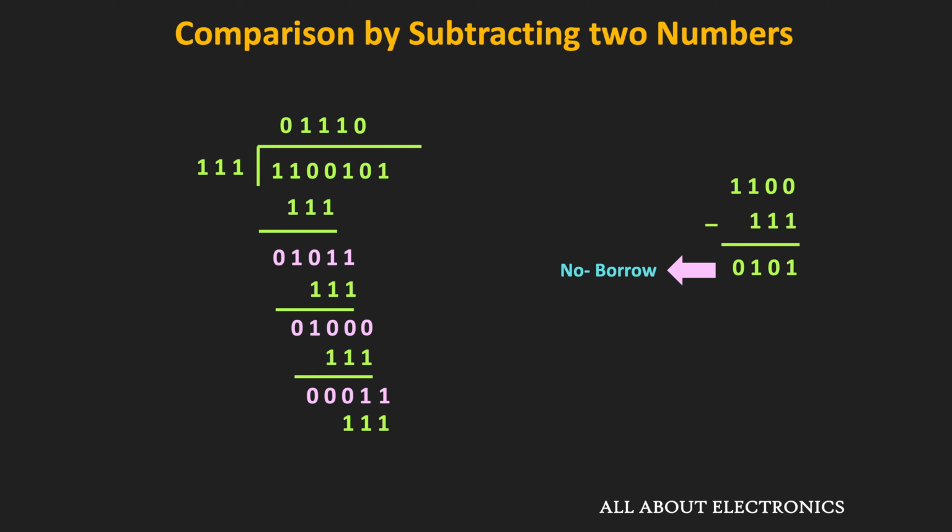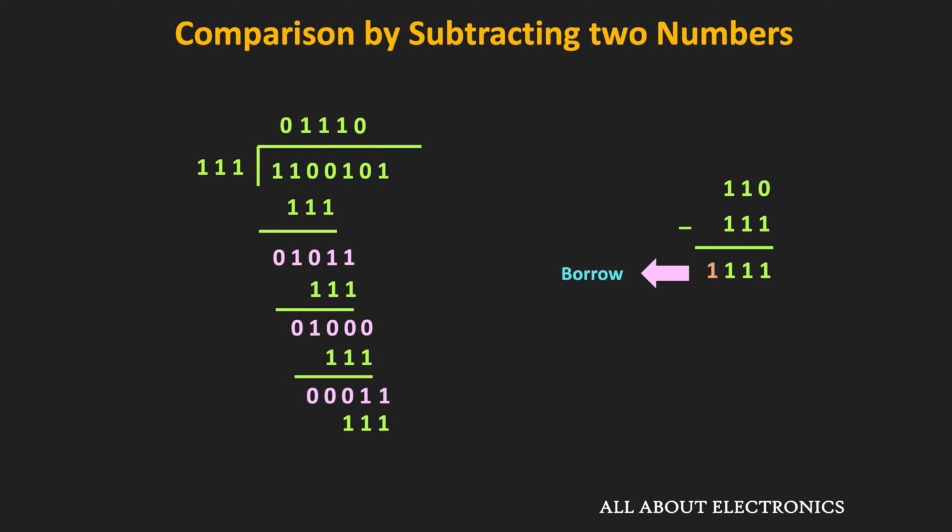But if the first number is less than the second number, then we will get the borrow after the subtraction. For example, if we subtract 111 from 110, then this will be the result after the subtraction. And as you can see, we are getting the borrow at the output. Since the borrow is equal to 1, we know that the result is negative.